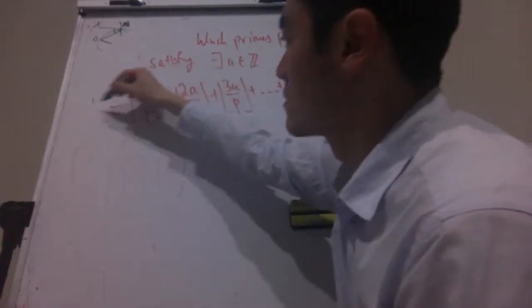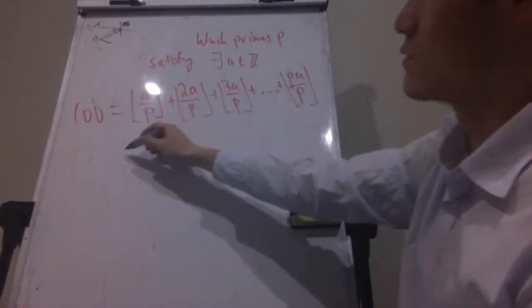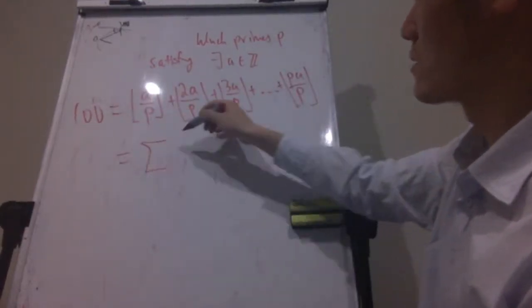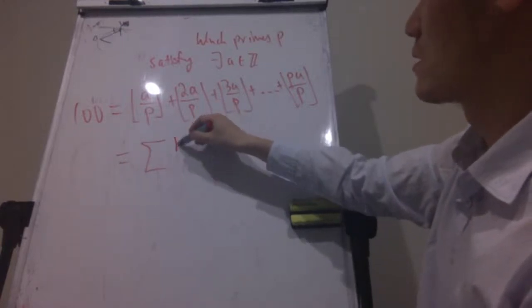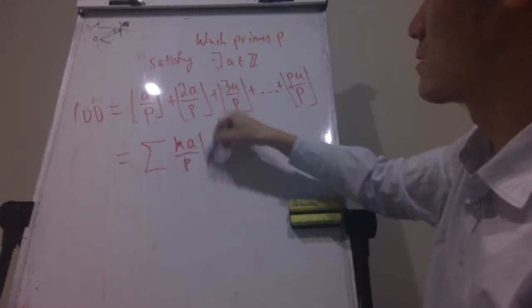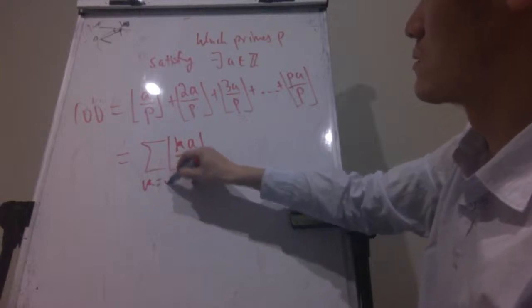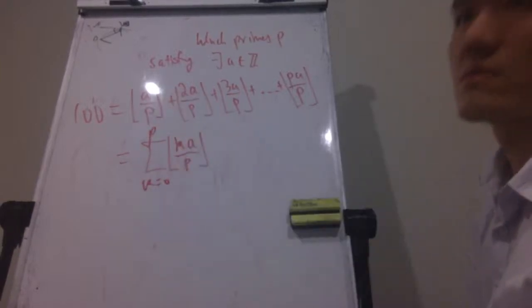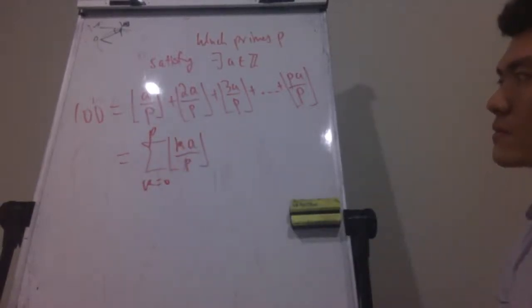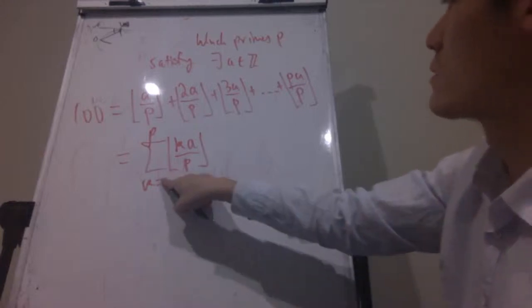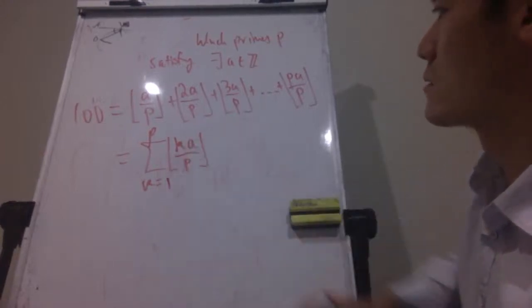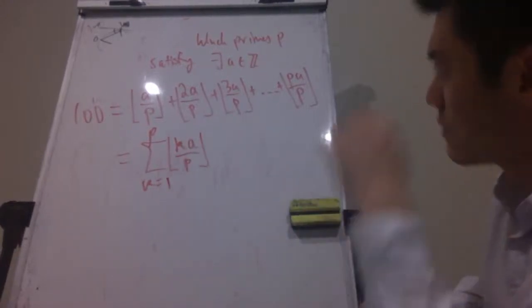Or you can use sigma notation: the sum of floor(kA/P) where k equals 1 to P.